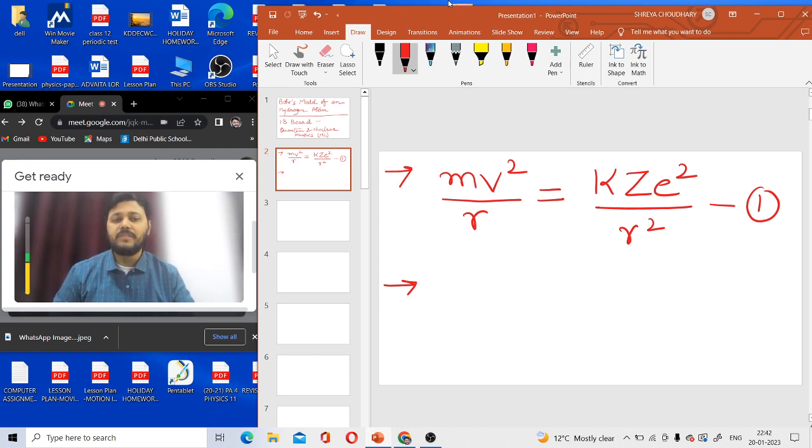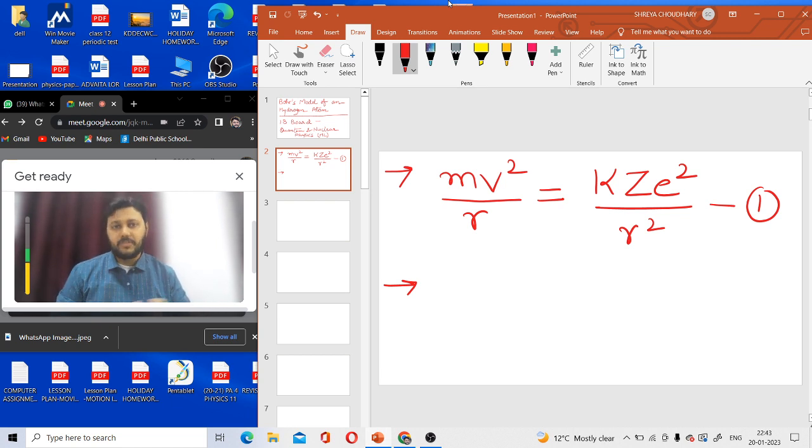These orbits will be termed as stationary orbits, and the angular momentum of the electron will be equal to an integral multiple of h upon 2 pi.